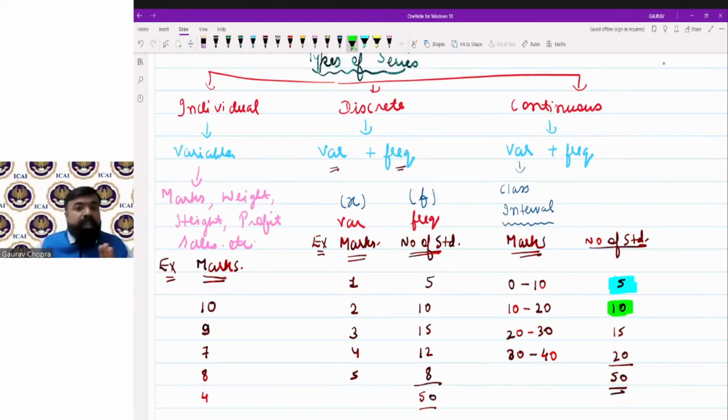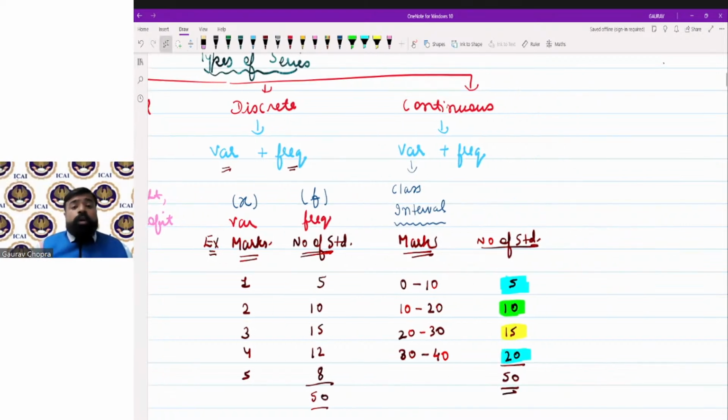Between 10 to 20, it can be anything, 11, 12, 15, 19, 18, anything. Similarly, these 15 students have scored between 20 to 30, and then the last 20 students have scored between 30 to 40. So this is the class interval.